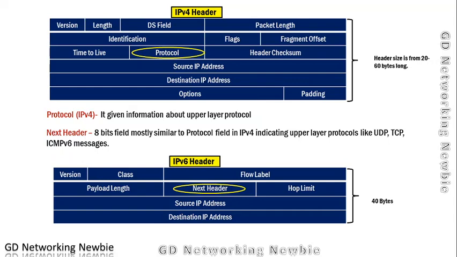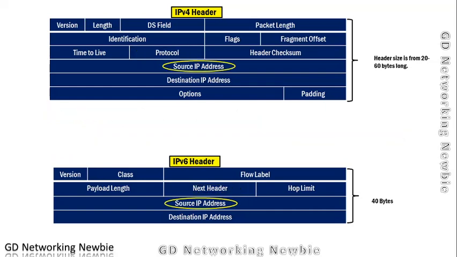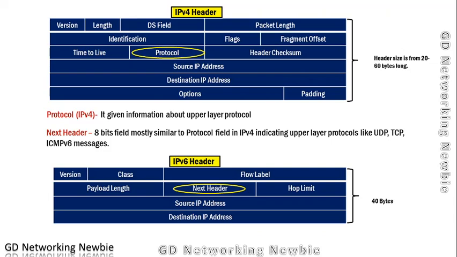The next header field is mostly similar to the protocol field in IPv4, and indicates the upper layer protocol like UDP, TCP, or ICMP version 4 messages. In addition, the next header is important because it has information about our extension headers. Extension headers have some additional information which we will discuss shortly, but the next header is the important field.